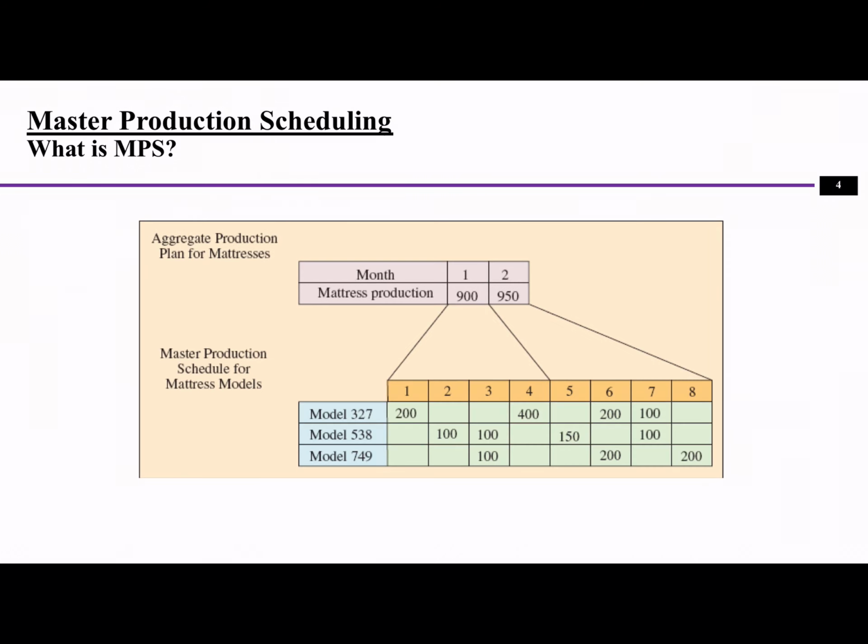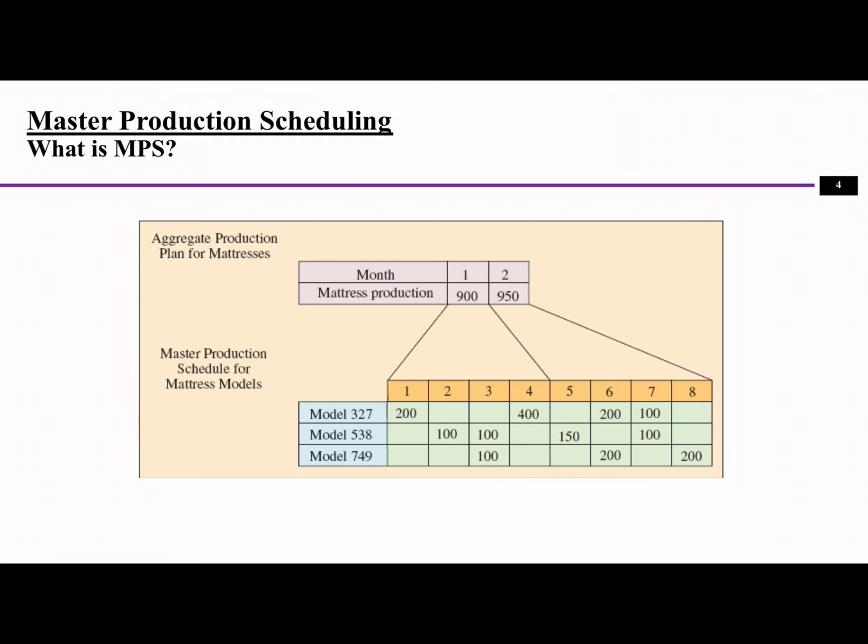All right, now in order to talk about MRP, first we need to know what is master production scheduling. MPS is basically a scheduling overview. For example, in this example, in month 1 we need 900 matrices produced. In month 2 we need 950. Then we can further decompose this 900 into what different models we need.